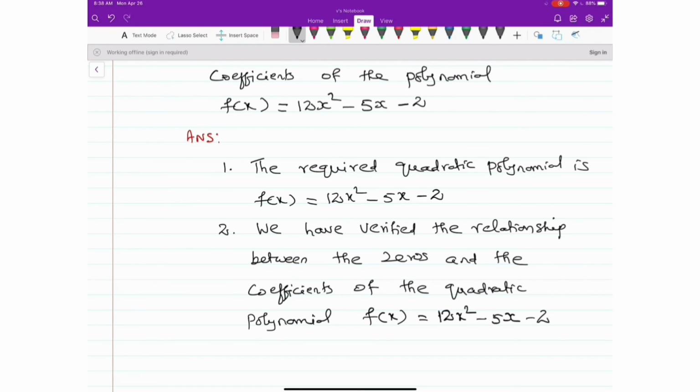This is how you will be concluding your answer. As I told you, every step is important and some marks will be allocated for writing the answers separately in the board examination.